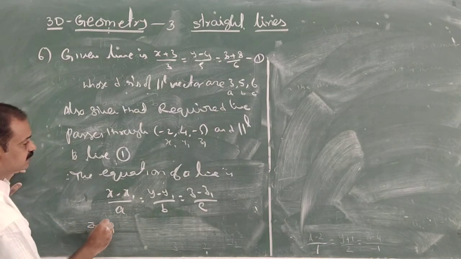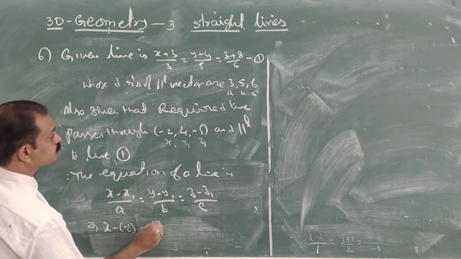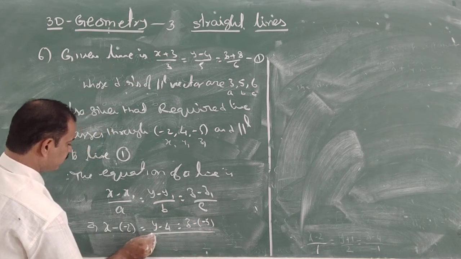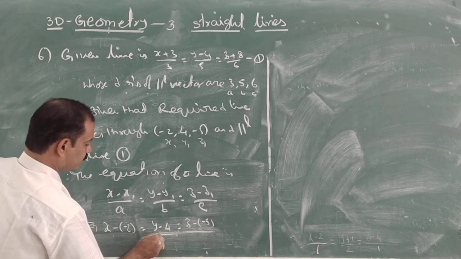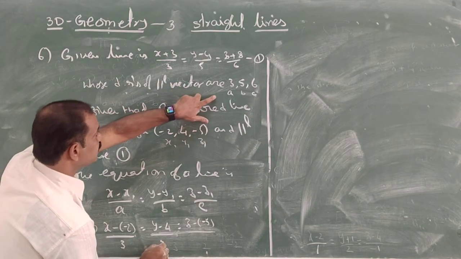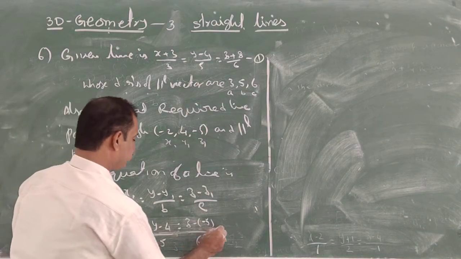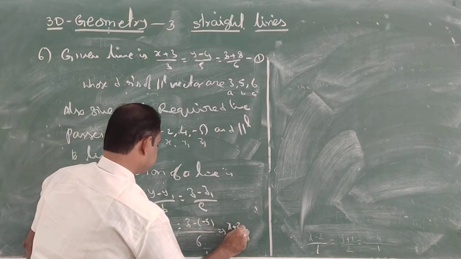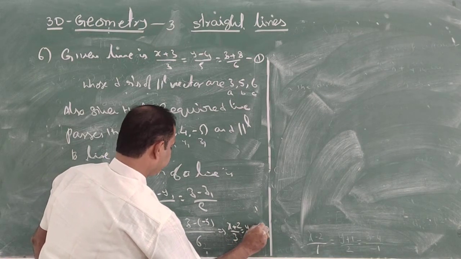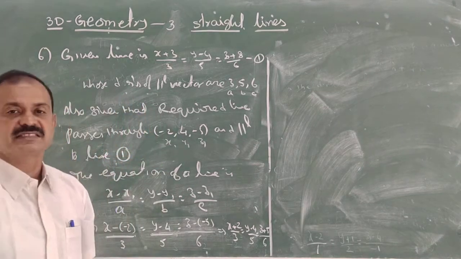Which implies x minus of minus 2 is equal to y minus 4, z minus of minus 5, by a is nothing but 3, b is nothing but 5, c is nothing but 6, which implies x plus 2 by 3 is equal to y minus 4 by 5 is equal to z plus 5 by 6.